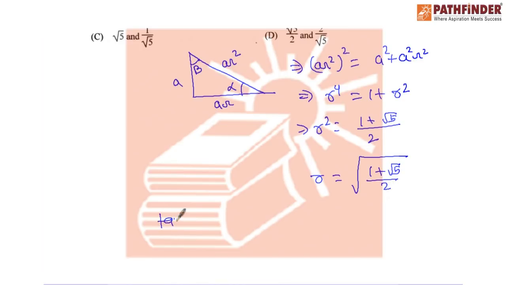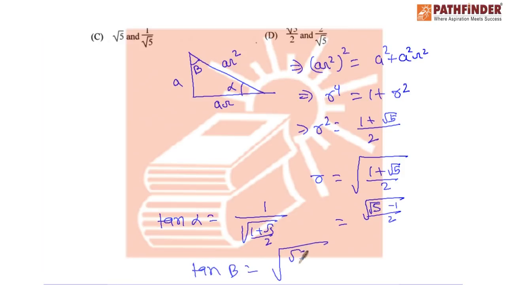So tan alpha is equal to 1 by root over (1 + √5)/2, which is (√5 − 1)/2, and similarly tan beta is equal to (√5 + 1)/2, which is given in option B.